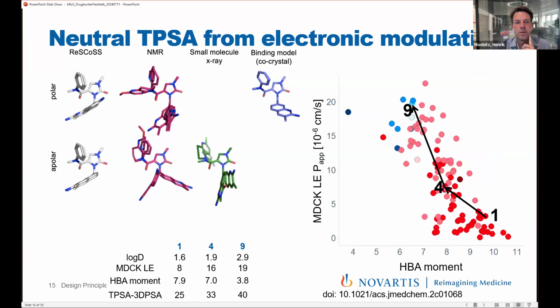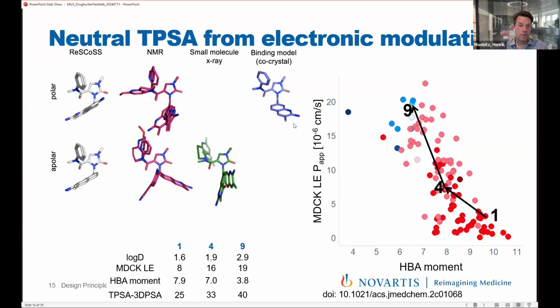So you have RESCOS computation on the left in white, then the NMR solution conformation in magenta, the small molecule X-ray in green, and the co-crystal structure, the binding mode, in blue. And you can see that across all of these, barring slight variations in the torsion of the aryl rings, we have maintained the same conformation of the core. So this is an example where we can really exclude conformational effects.